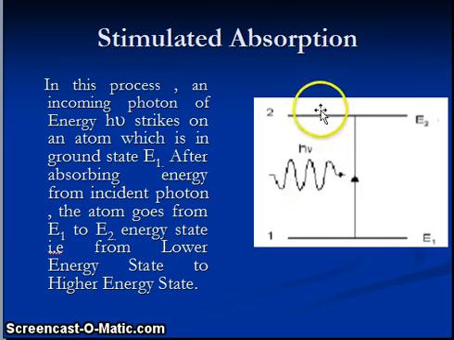This complete process is called stimulated absorption. As the word indicates, stimulated means this photon stimulates the atom in the ground state, and absorption means this atom absorbs this photon and goes to the excited state.